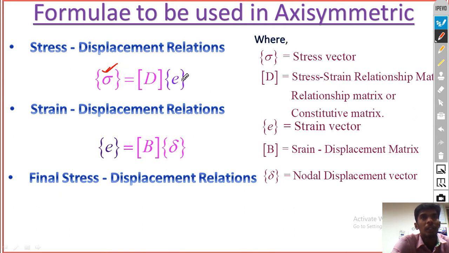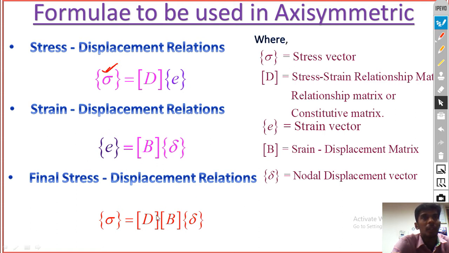Sigma equal to D into epsilon. If it is unknown, we can find epsilon through the strain displacement matrix and the nodal displacement vector. If you replace these two parameters into this, you will get the final equation. The final stress displacement relationship is sigma equal to D, B into the nodal displacement vector.